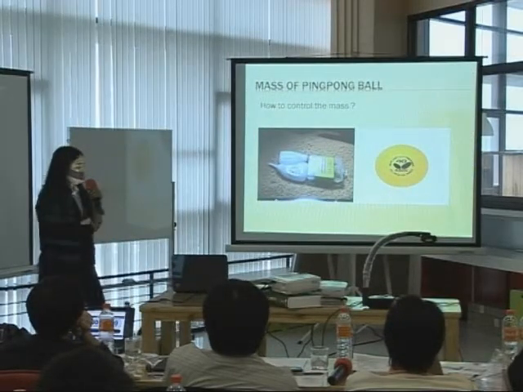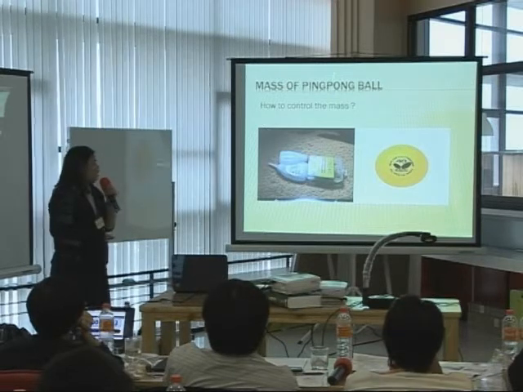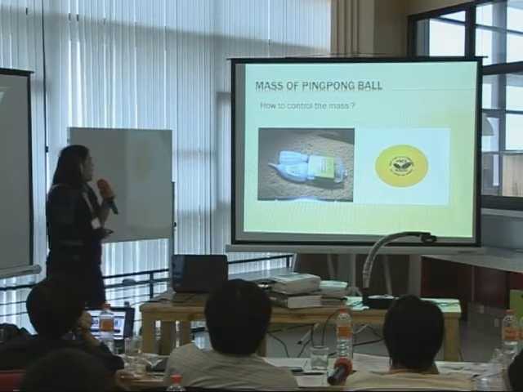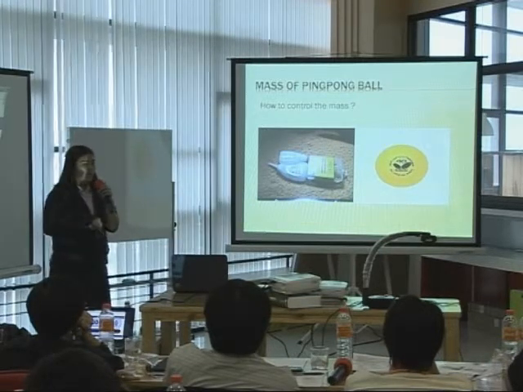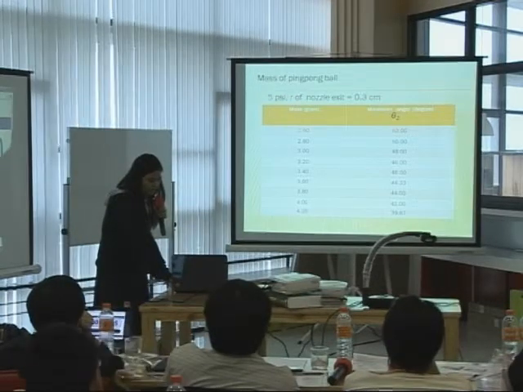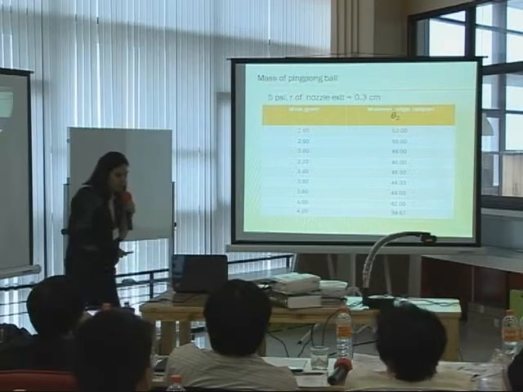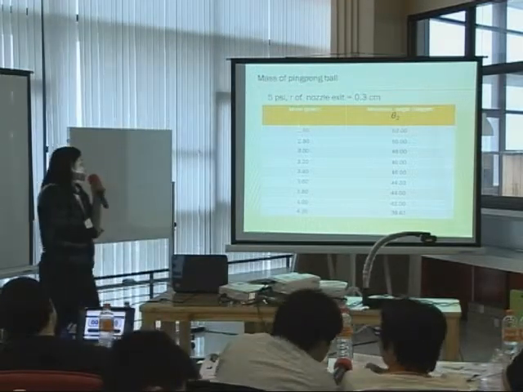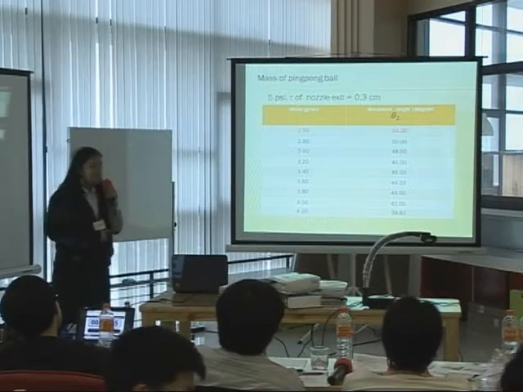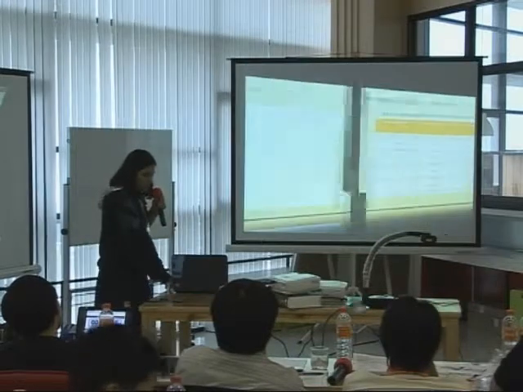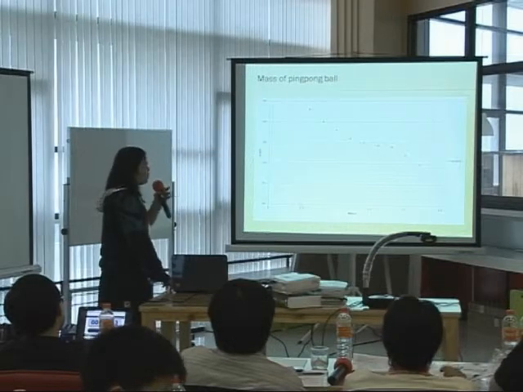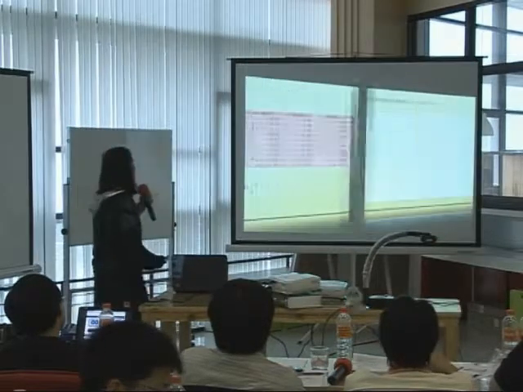Another parameter is the mass of the ping pong ball. How can I control the mass? I use a push pin to get it, and I use hot glue and roll it around. From this, you see that the smallest mass of the ping pong ball will form the highest maximum angle. This is the trend of the graph: more mass will create a smaller maximum angle.